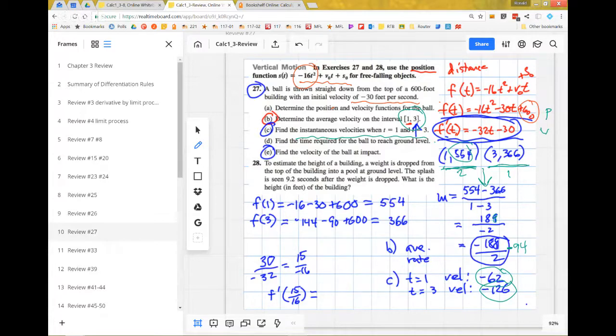The last question says, what's the last part? Oh, no, I'm sorry, part D. Find the time required for the ball to reach the ground. Well, when it reaches the ground, what will be true of the equation?